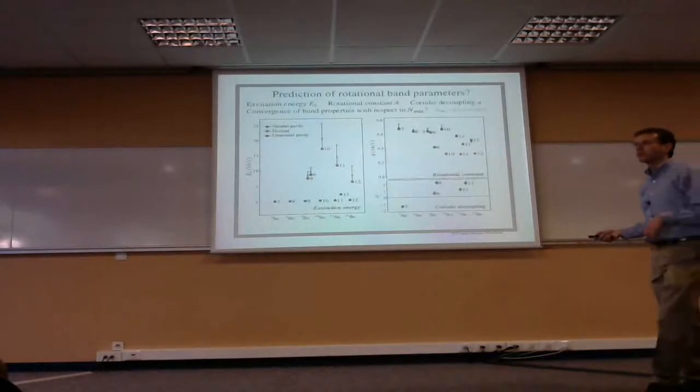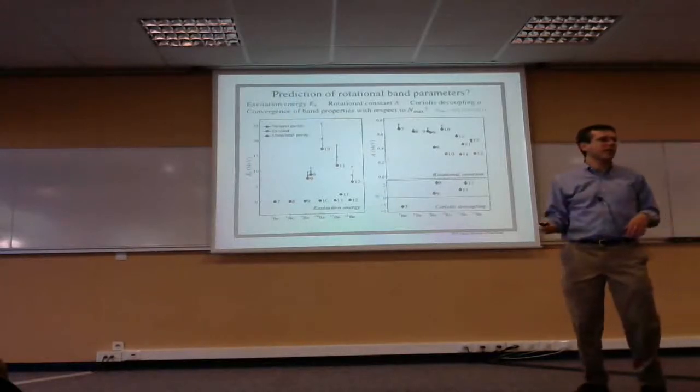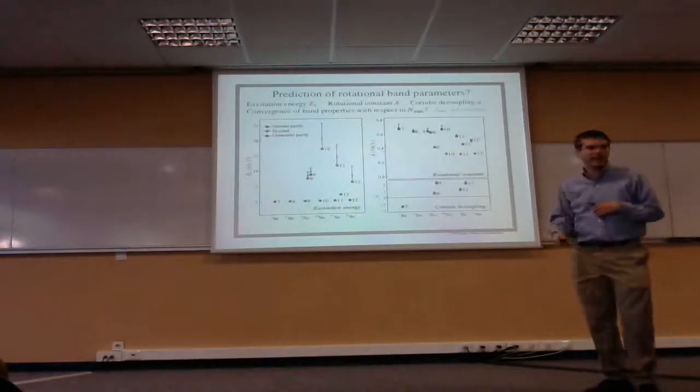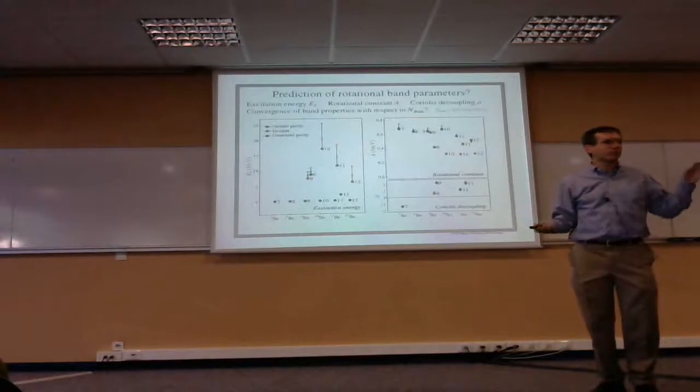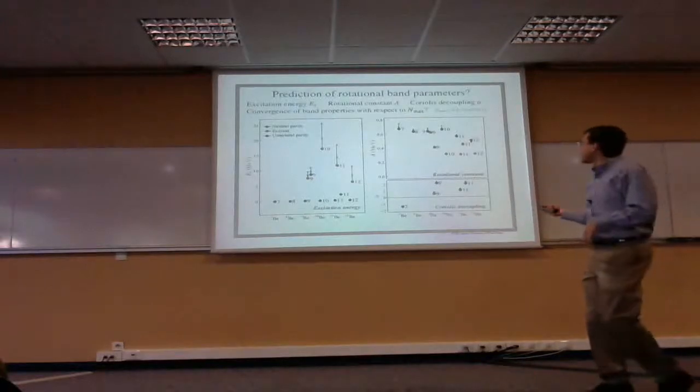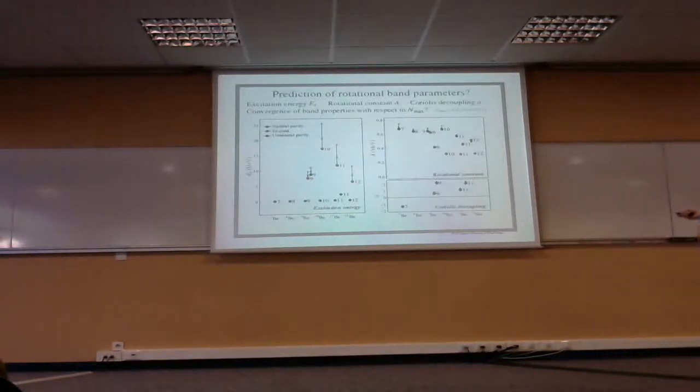So I just blindly took the literature assignment for the band, I think there was one for all but maybe one of these bands, without trying to judge whether it was based on anything or not. I took those experimental levels, fit them by the same procedures as fitting the data, and looked at the predictions.